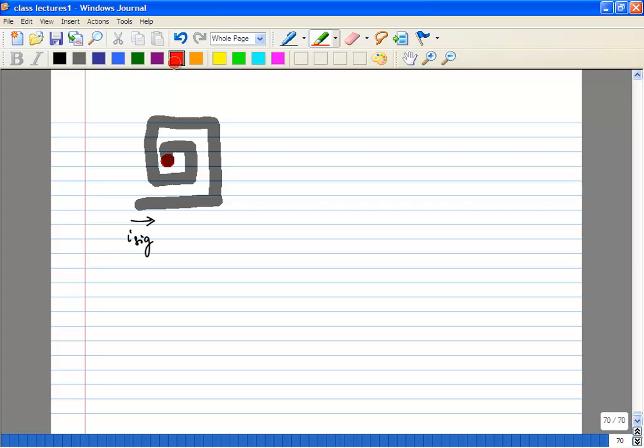Which direction will you wind it in? Same direction, right? Current flow should be in the same direction, because you want additive magnetic fields. So what you would try to do is probably something like this. Maybe something like this. Actually, I've done a bad job of this, so let me redo it.